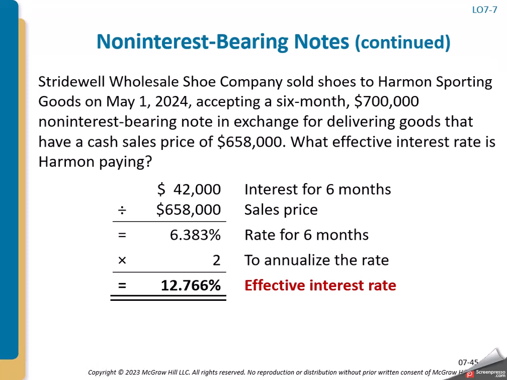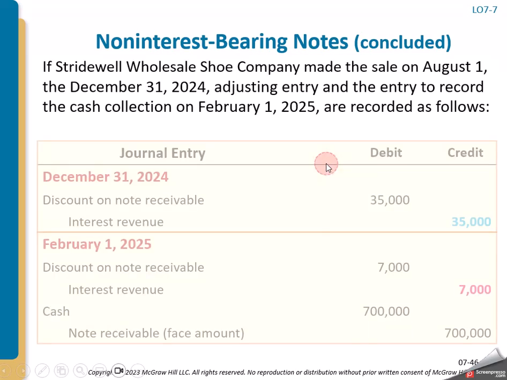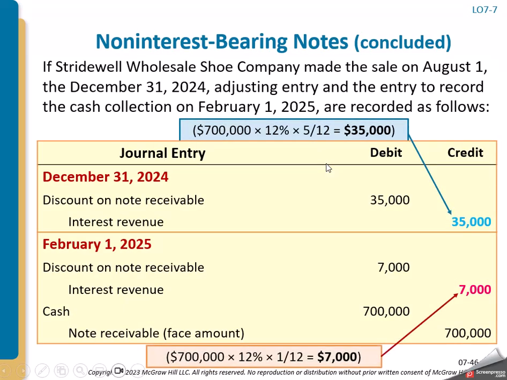And then this is again showing you how to calculate, if they are basically paying $42,000 for that $658,000, what rate of interest is that? What's the effective rate? And then calculating that out. It would be the same thing if that non-interest bearing note crosses over years.